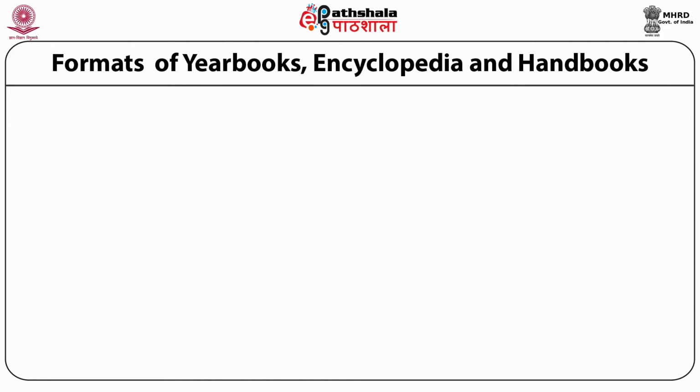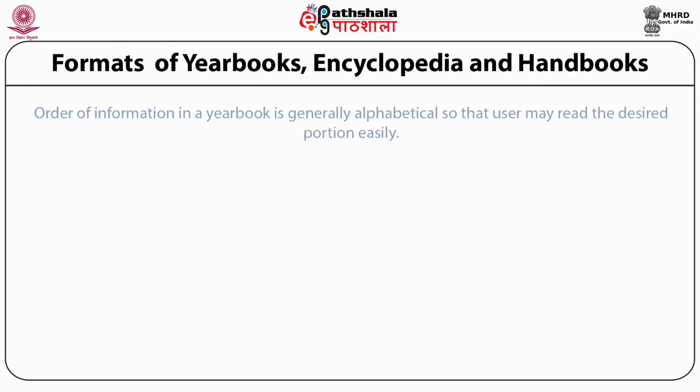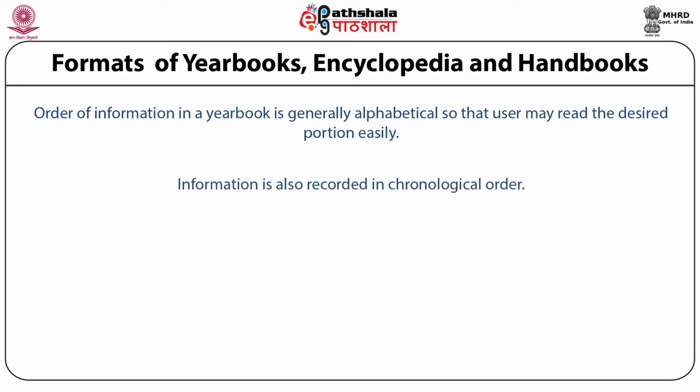Formats of yearbooks, encyclopedias, and handbooks. The order of information in a yearbook is generally alphabetical so that the user may read the desired portion easily. Similarly, yearbooks, encyclopedias, and handbooks follow the same pattern where entries are normally alphabetical. Sometimes these entries are also recorded in chronological order so that the user can access the entries from a historical perspective.